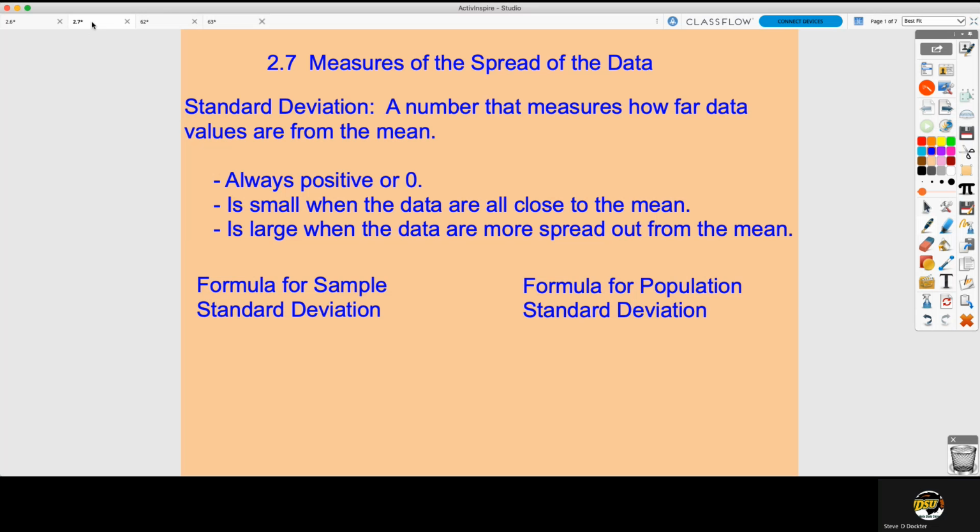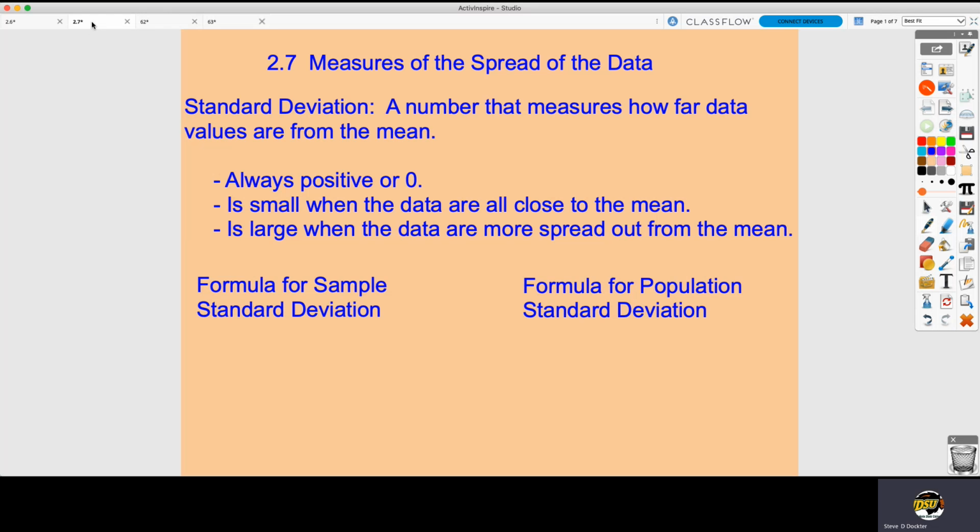All right, so standard deviation, really all it measures is how far the data points are from the mean. All right, there are a couple rules to it. First of all, your standard deviation will always be positive. It is possible for it to be 0. If it were to be 0, that would mean all of the data points are exactly on the average, on your mean.